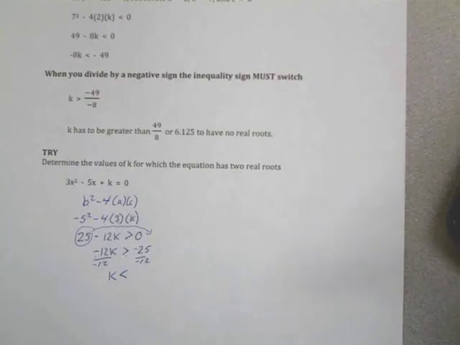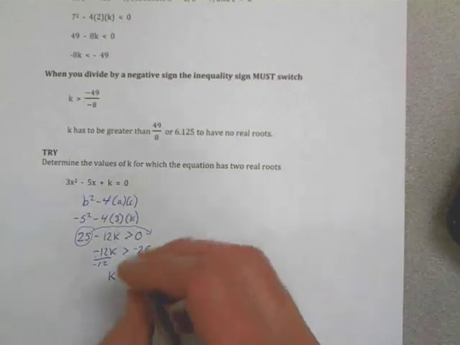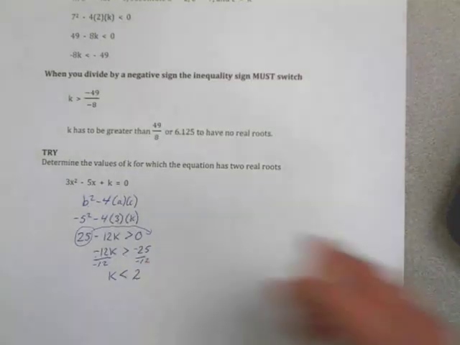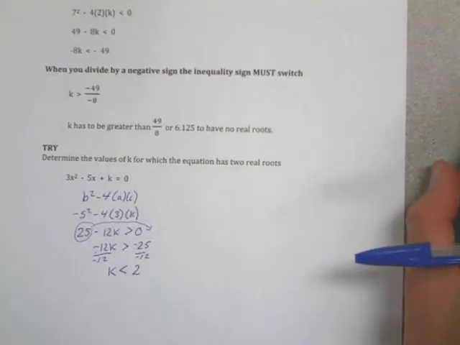Sorry, I did it wrong. Negative 25 divided by negative 12 is more than 2, so 2 point something.